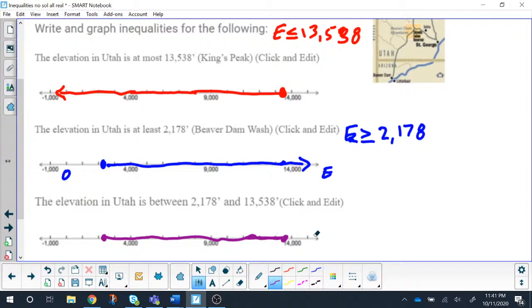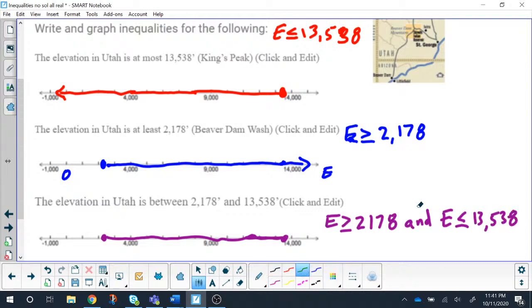So if you tell me you're in Utah, I know you're at least in this range. So this is a way to say the range. We write a statement where the elevation is greater than or equal to 2,178, and here's the key word, and the elevation is less than or equal to 13,538.